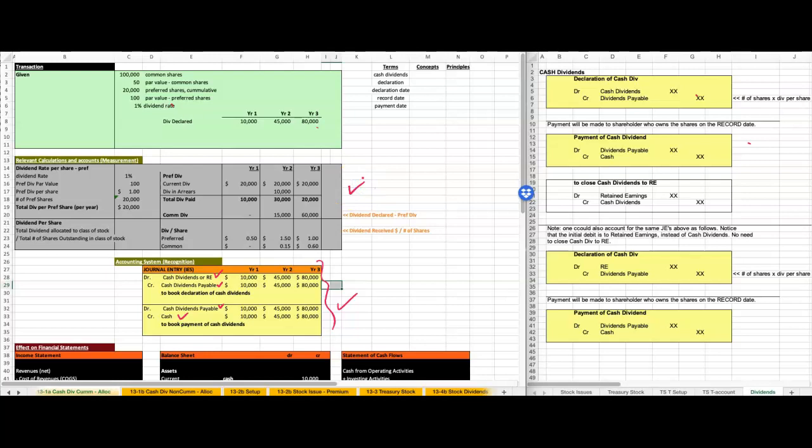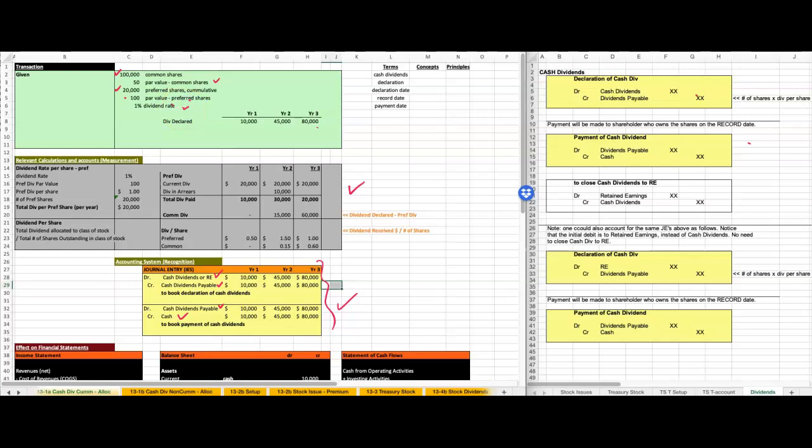Now, in this problem, you've got 100,000 shares of common with $50 par value. Then you have 20,000 shares of cumulative preferred shares at $100 par value with a 1% dividend rate.